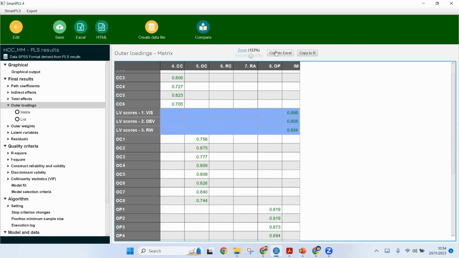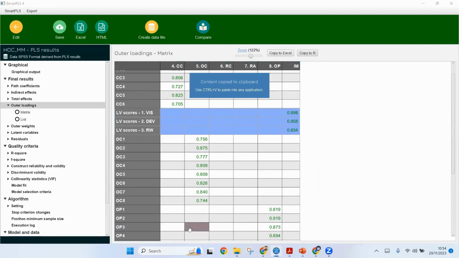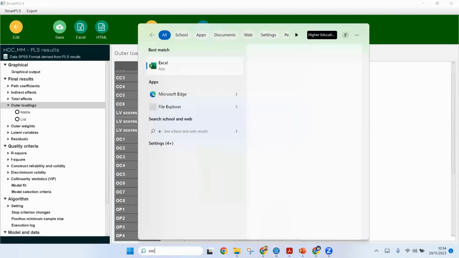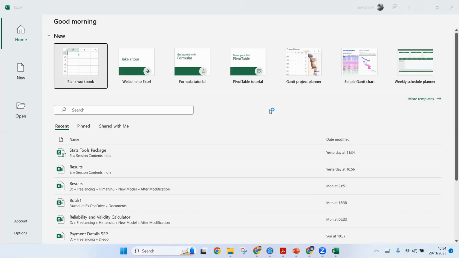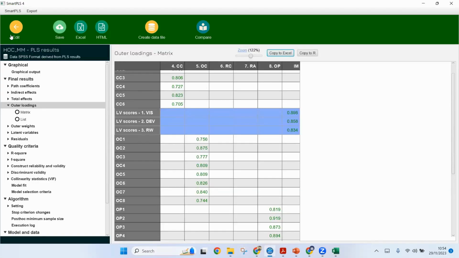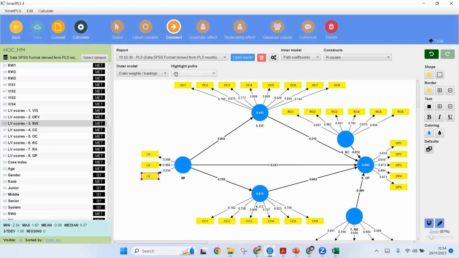So what I'm going to do is I'm going to copy it to Excel and remove everything else. Let me show you. Because this is higher order, not lower order. Yes, just the way this model. Look at this model. There are both higher order, they are both lower order as well. So this is a higher order and these are lower orders. It's very much possible. This is what I'm doing now.